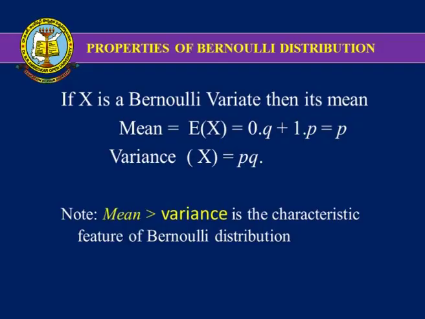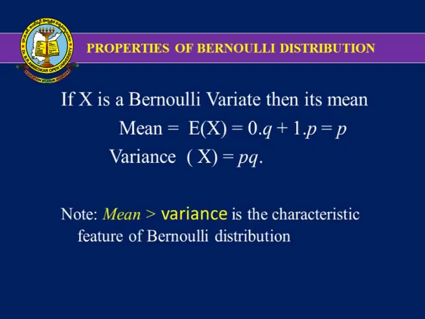So, what are the properties of Bernoulli distribution? Now we are going to discuss them one by one. As you know, the Bernoulli distribution is a discrete distribution, which is why we always take our random variable as a discrete random variable.